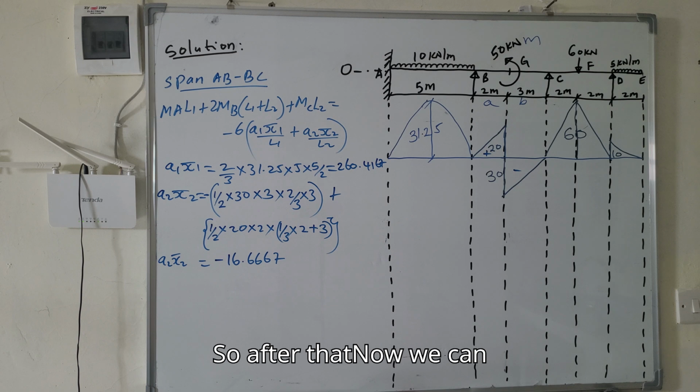So after that, now we can insert known values into our formula for span AB, BC.